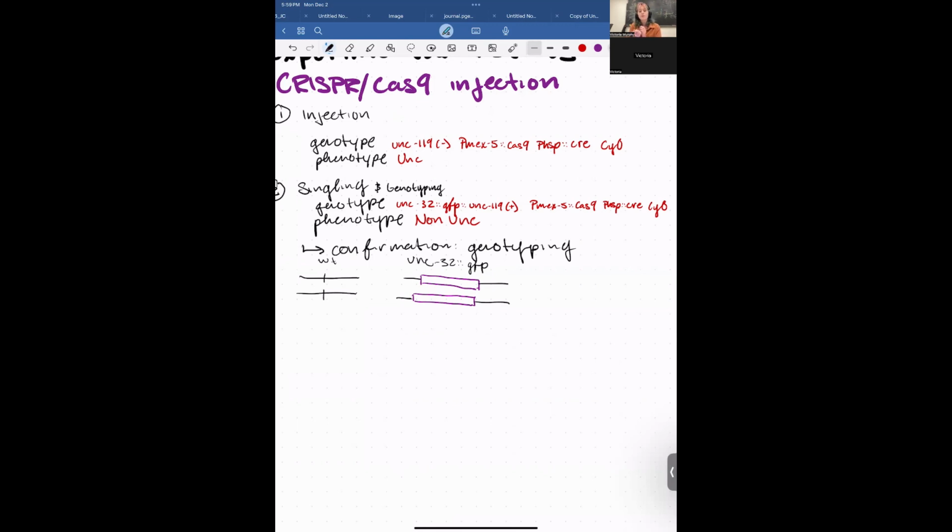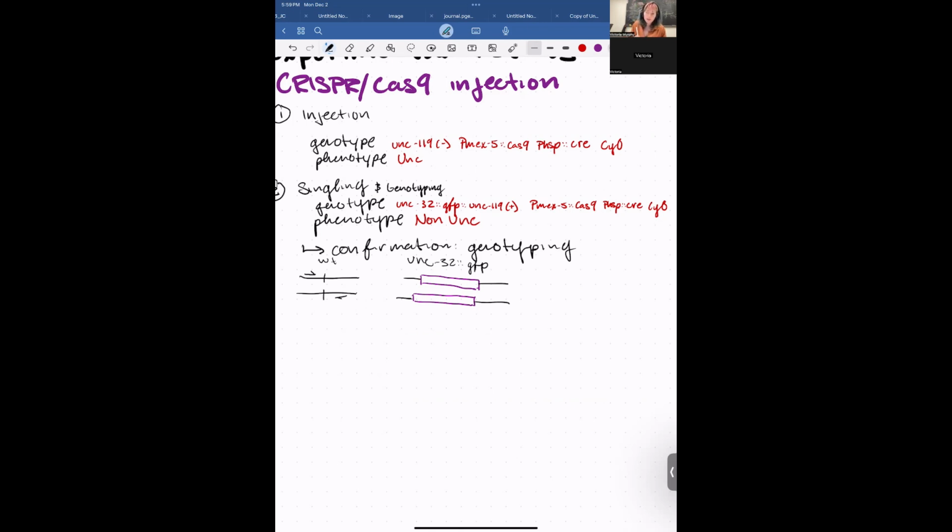So how can you differentiate between these two possibilities? Wild type UNC32 and UNC32 with the GFP insertion. Well, we design our primers to be 5' of the insert site and 3' of the insert site.